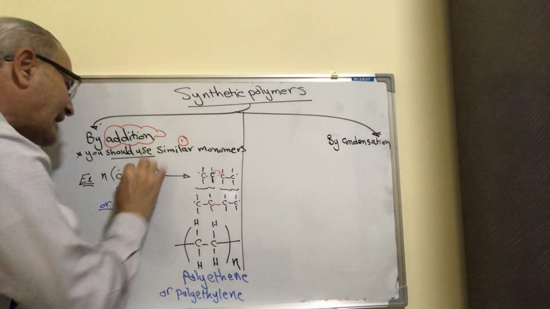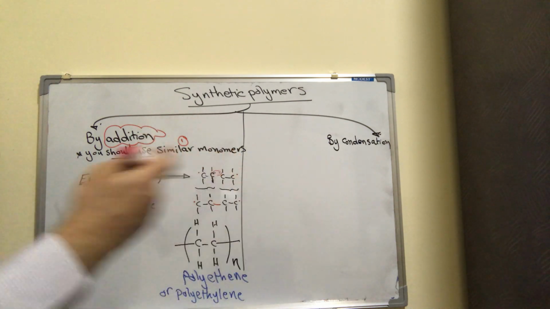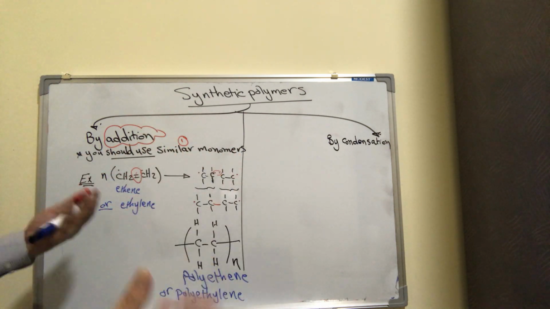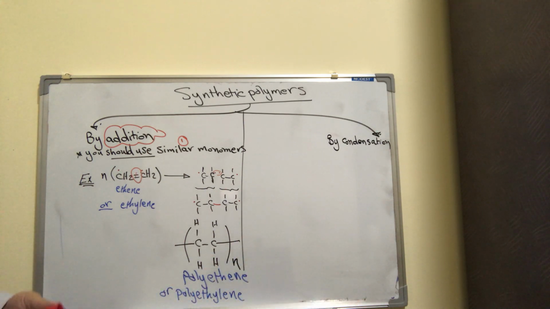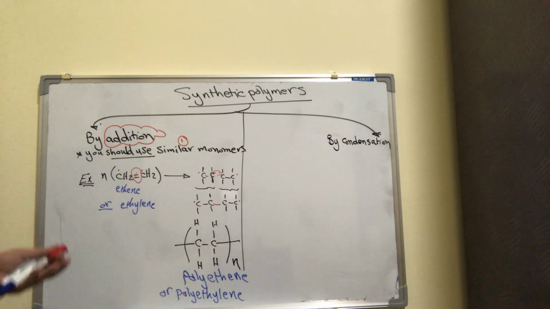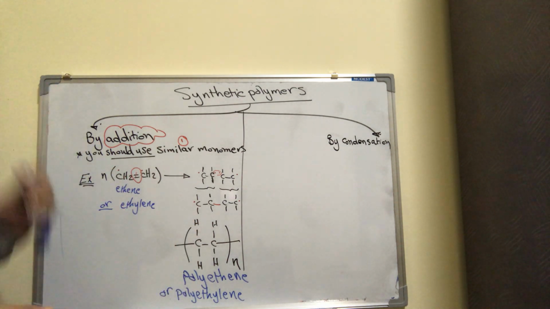So there should be a double bond within the monomer to allow it to break down its double bond and bond with other molecules from both sides, and allow the chain to increase more from both sides, thousands of times, sometimes millions, to form finally the polymer that we are looking for.